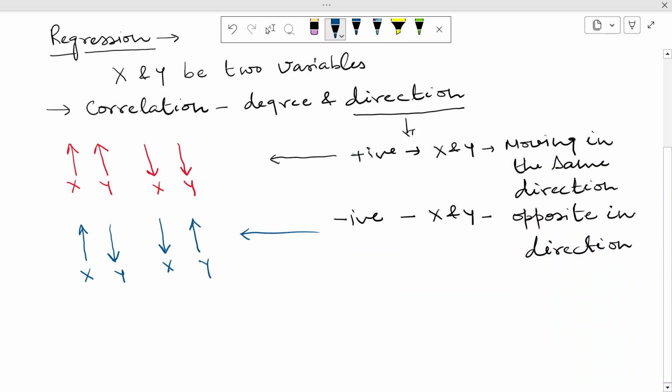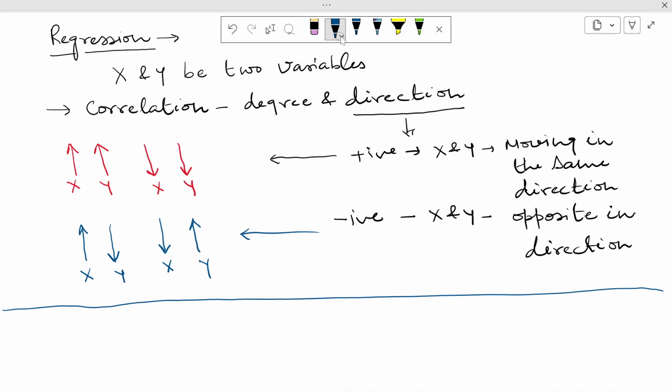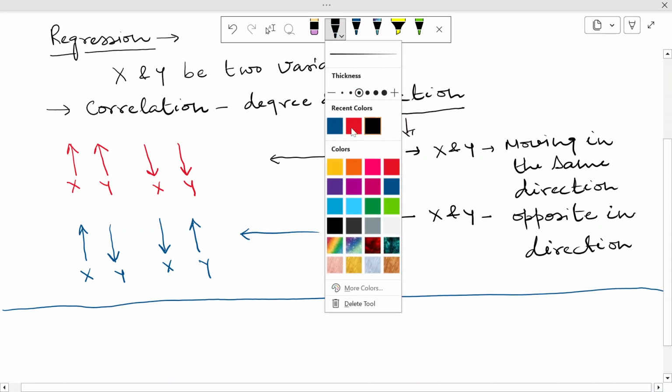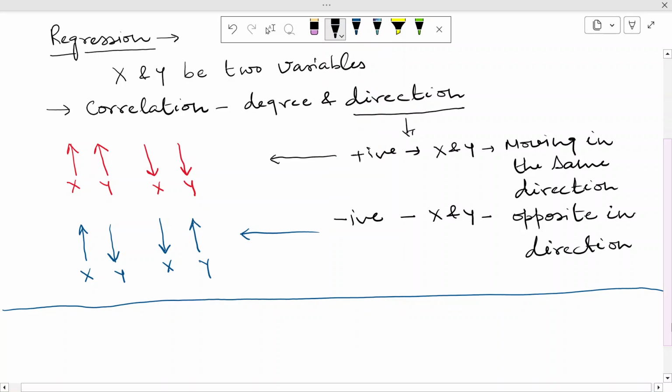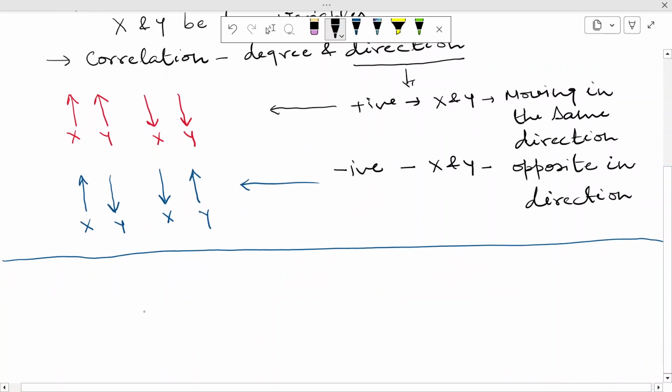As we discussed, correlation gives you the degree and direction of the relationship when you are dealing with two related variables.